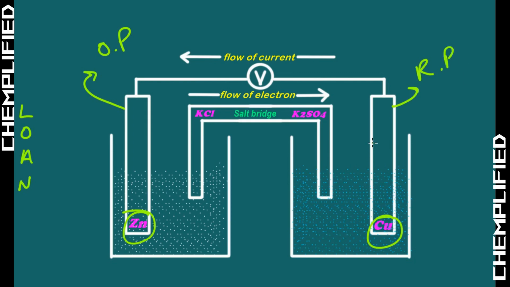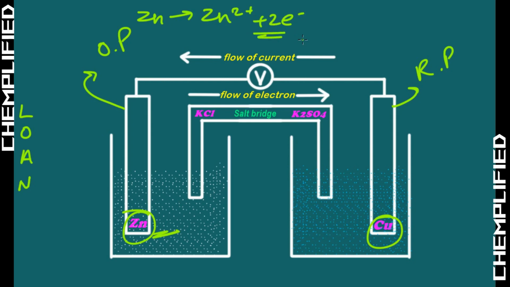Now what is the definition of oxidation potential and reduction potential? In simple terms, you can say that oxidation potential measures the tendency of an element or anion to lose electrons. So it is just the measure of the tendency to lose electrons. If zinc is undergoing oxidation, zinc will lose electrons, and you all know this equation. Zinc will give Zn2+ plus 2 electrons.